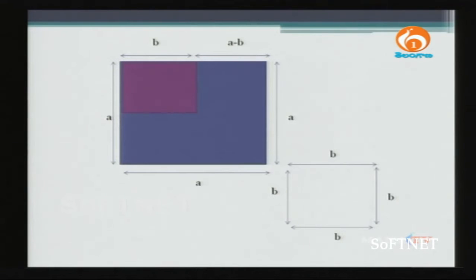When you place another square at the left corner which has the area b square, then the remaining area will be how much? Good, it is a square minus b square, because we are subtracting the area b square from a square. Okay. Now I want to prove the statement, that is a square minus b square equal to a plus b of a minus b.